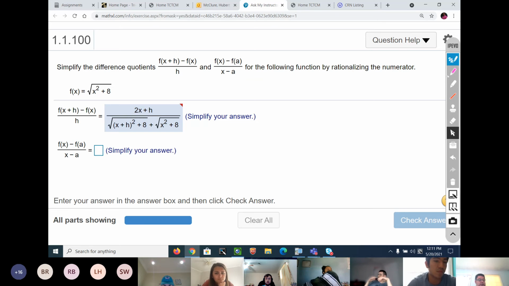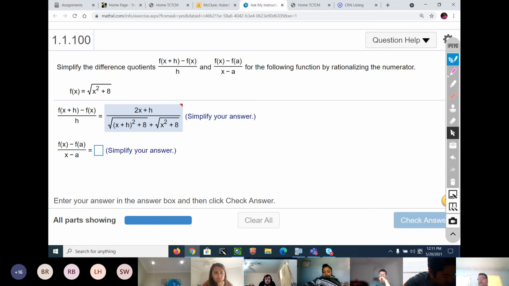Okay, so this one says, I'm going to write down my colors, and hopefully that helps somebody. f of x plus h minus, I do that in red, and I'll put my whiteboard up in just a second.